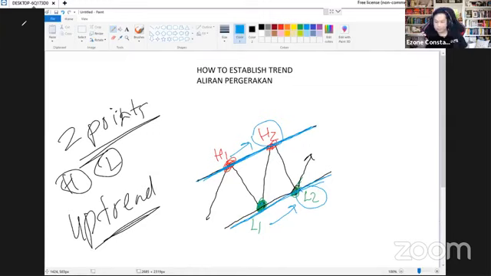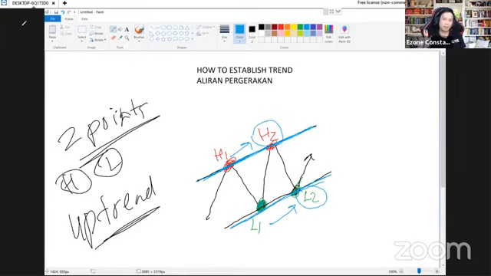Macam mana nak mengenal pasti sesuatu trend tu nak berpotensi nak bergerak ke atas? Pertama sekali kena pasti 2 titik lantunan, dan titik lantunan bawah L2 mesti tinggi berbanding dengan L1, dan H2 mesti tinggi berbanding dengan H1. Bermaksud setiap titik lantunan tu mesti lebih tinggi berbanding dengan sebelum.